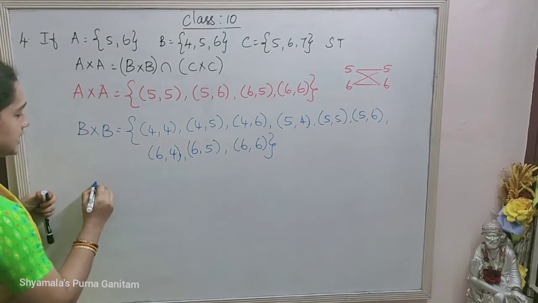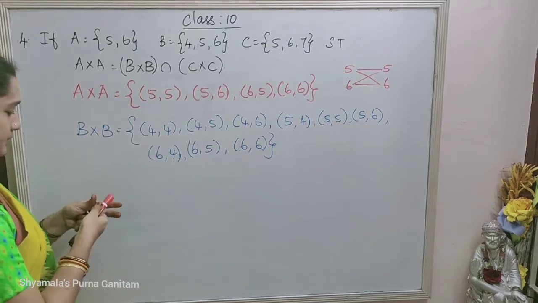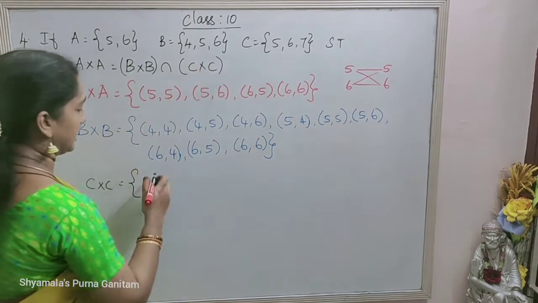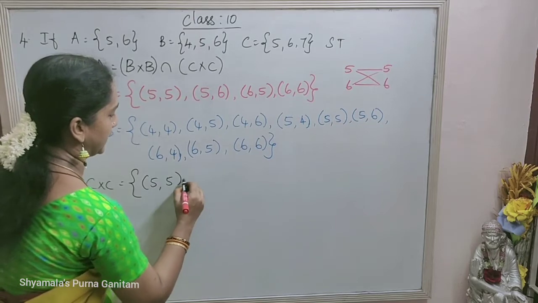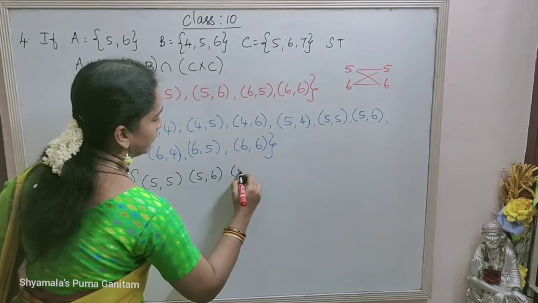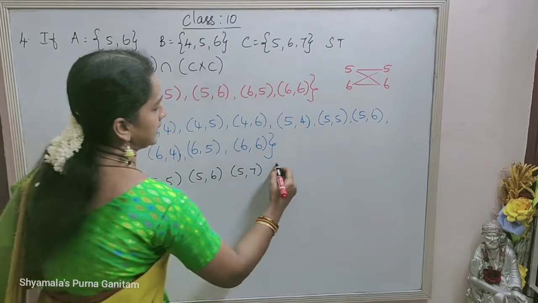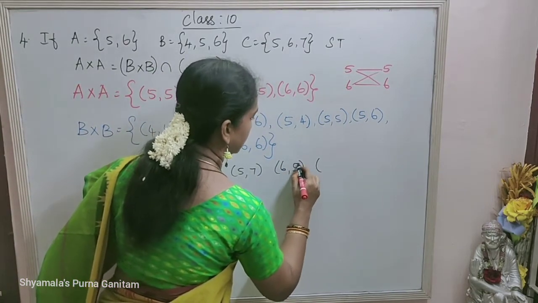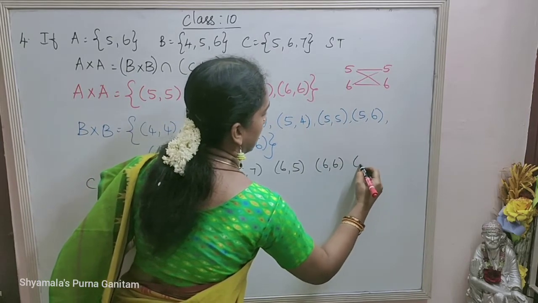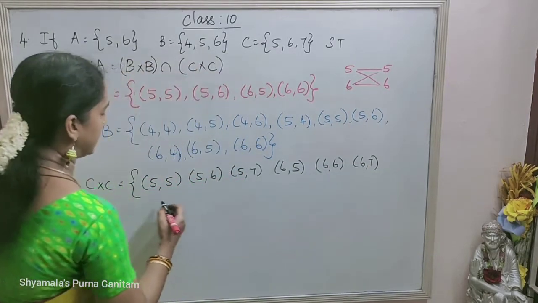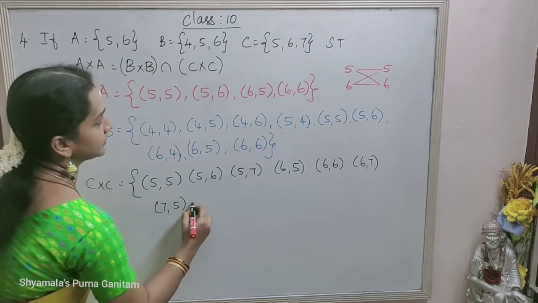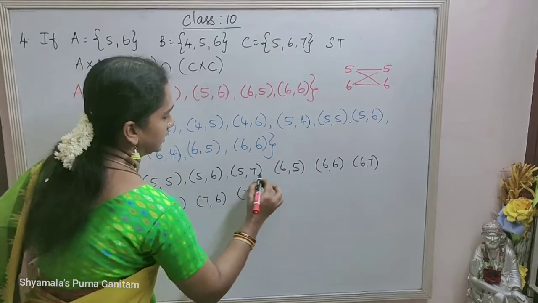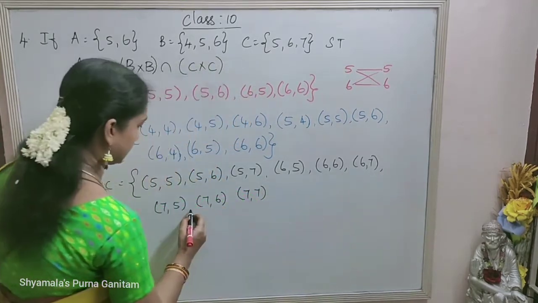Then the next one is C cross C. That also has 3 elements: (5, 5), (5, 6), (5, 7), then (6, 5), (6, 6), (6, 7), then (7, 5), (7, 6), (7, 7). Like this you will get 9 pairs.